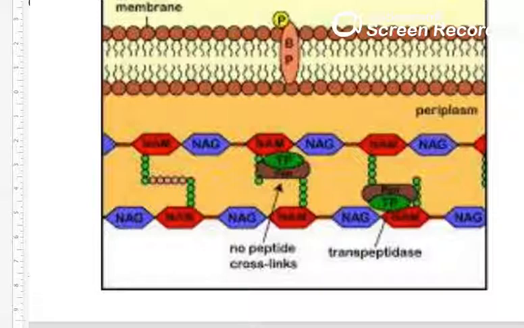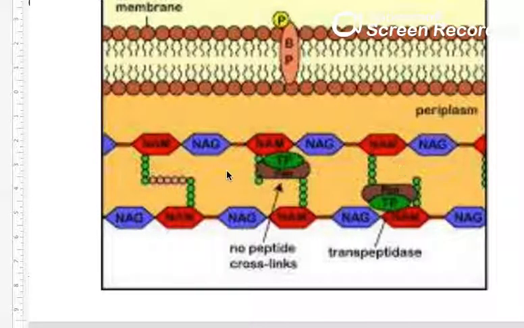So the transpeptidase, instead of binding to the NAGA and NAMA, it will bind with the penicillin, with the beta-lactam antibiotic. And thus, when it binds with the penicillin or the beta-lactam antibiotic, it cannot participate anymore in the cell wall biosynthesis.